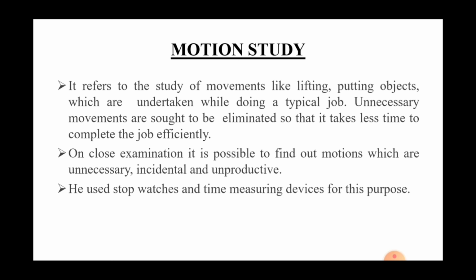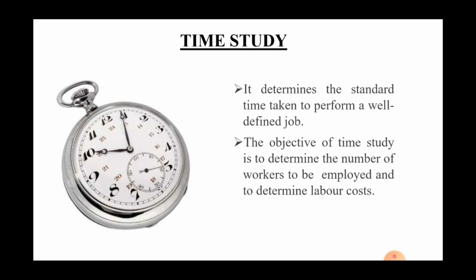Next technique given by Taylor is time study. It is also known as a work measurement technique, which helps to identify the time required to complete a job by a qualified worker at a defined level of performance once the best way of doing a job is determined.